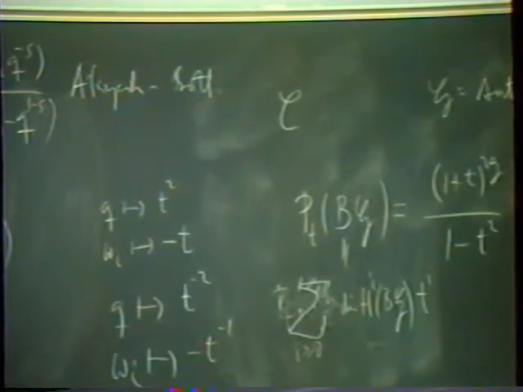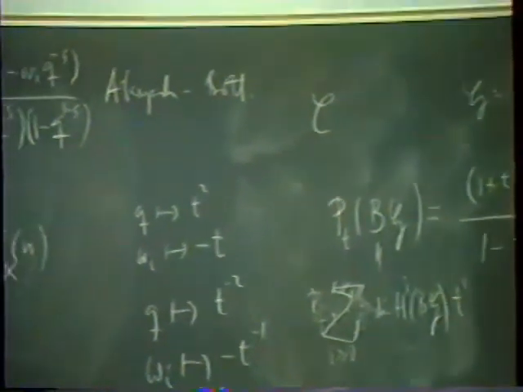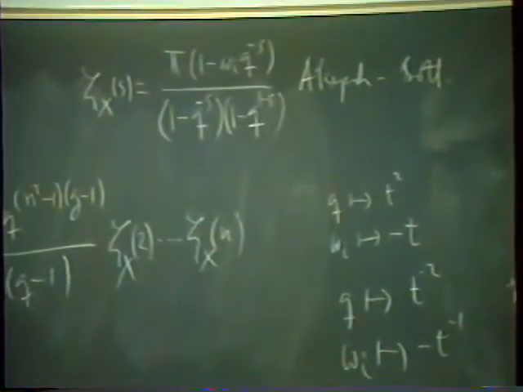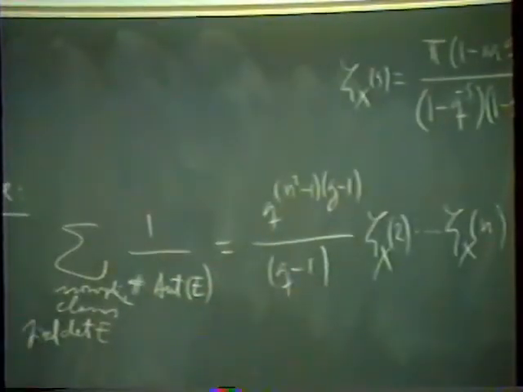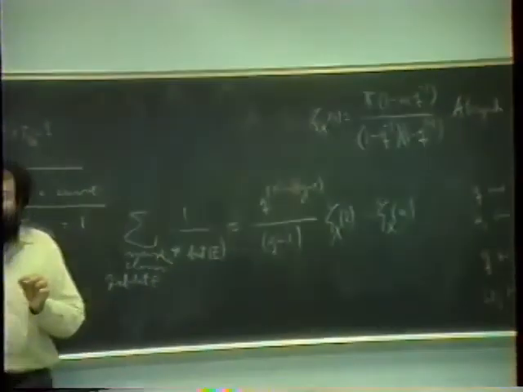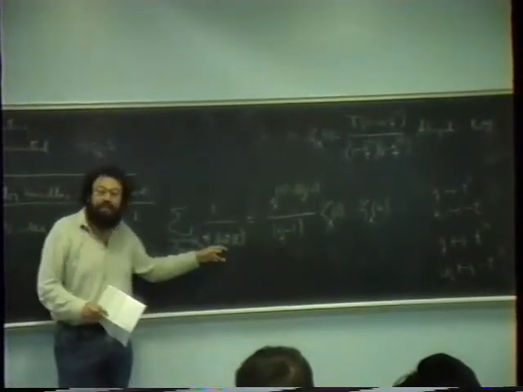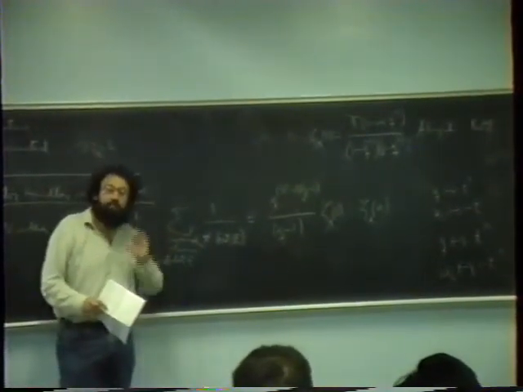You should realize that this is not, in a way, the number of solutions, because what we're going to do is use this as a measure. What we're doing here is putting weight 1 over the number of automorphisms. And the point is that for the stable bundles, the number of automorphisms is fixed. So this is always, in that case, q minus 1. So that will allow us to count them.